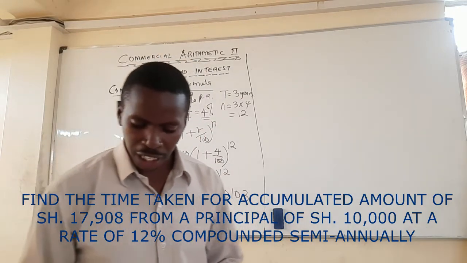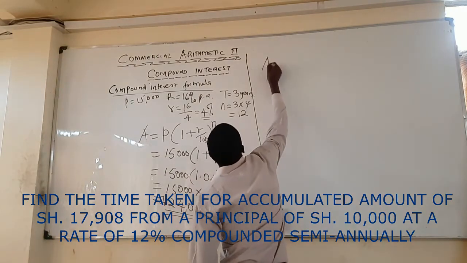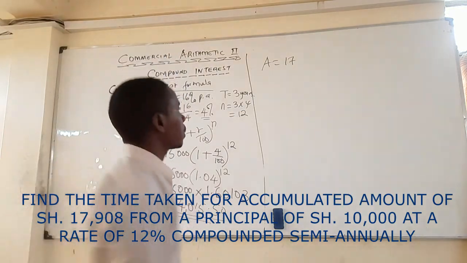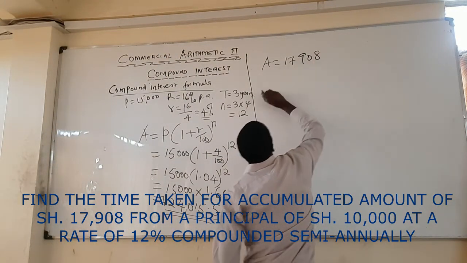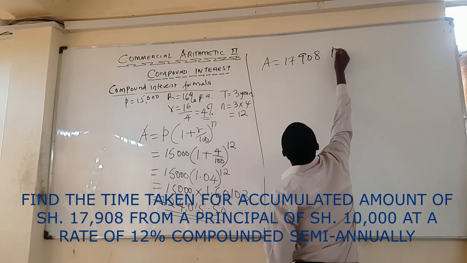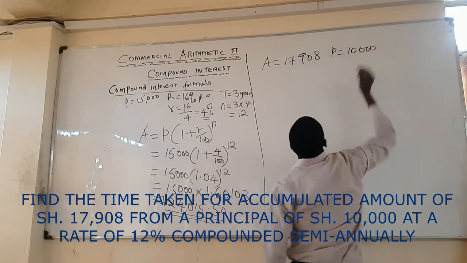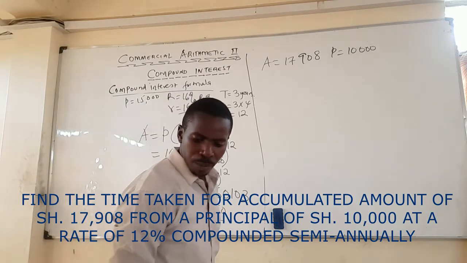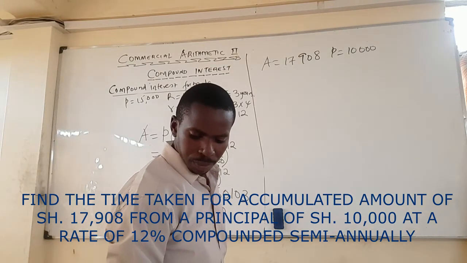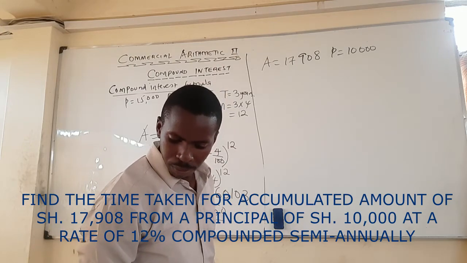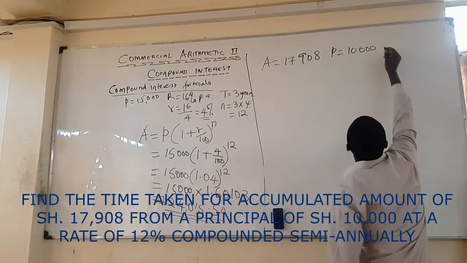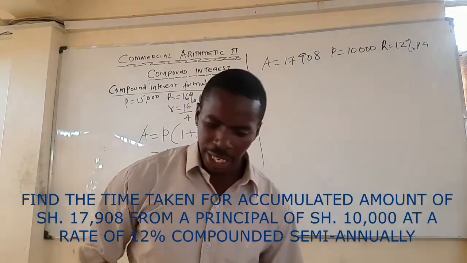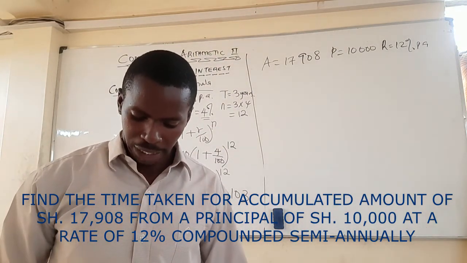In this case, you have been given the accumulated amount, which is 17,908. Then the principal is 10,000, and you have also been told that the rate is 12% per annum, and it is compounded semi-annually.